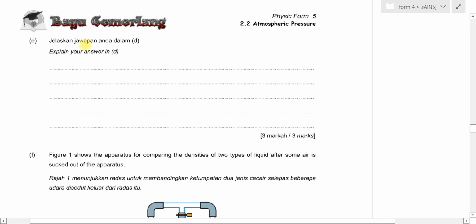You need to tell that the air molecules at the top of the mountain are fewer, or at the lower altitude there are more air molecules, so the rate of collision will be higher. That's why atmospheric pressure is higher, or vice versa, anything.